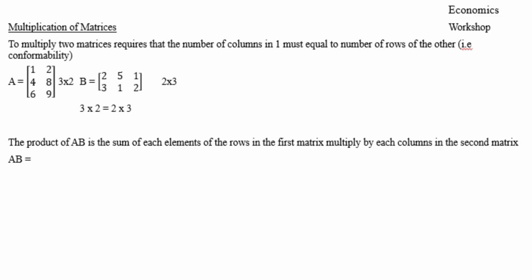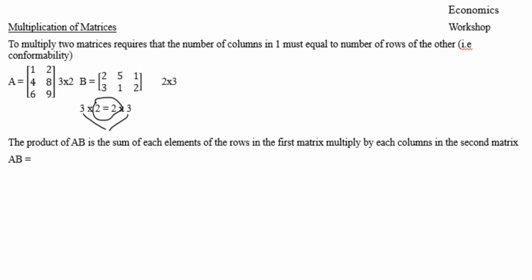Another thing we should also know about this is that anytime we are multiplying a 3 by 2 matrix by a 2 by 3 matrix, circle this end digit. We are left with 3 here, and we are left with 3 in this case.